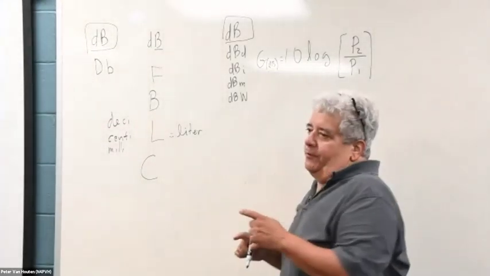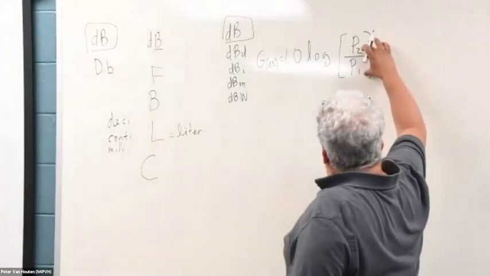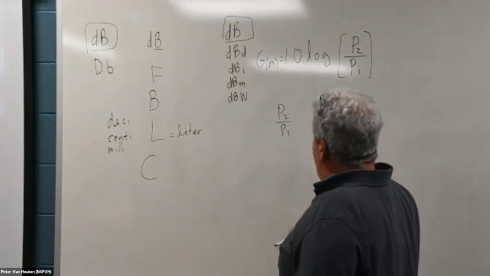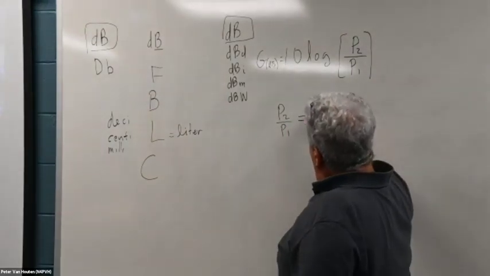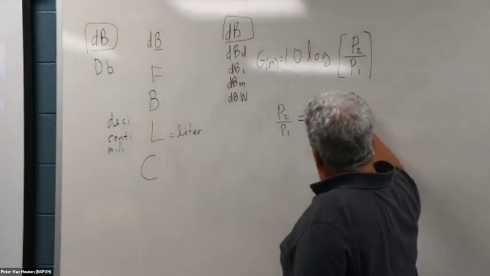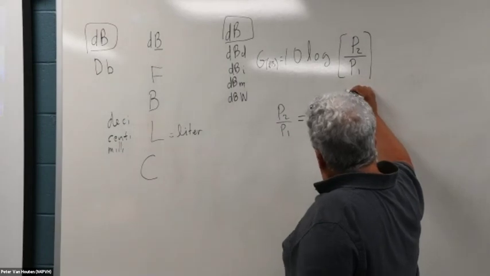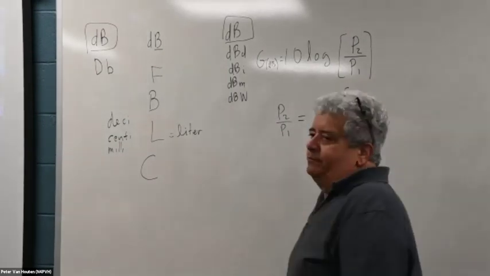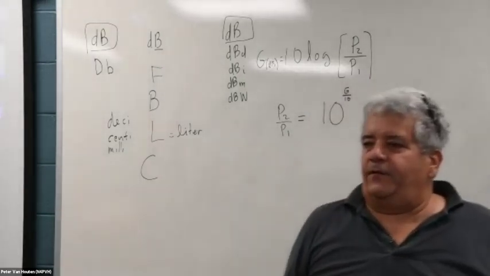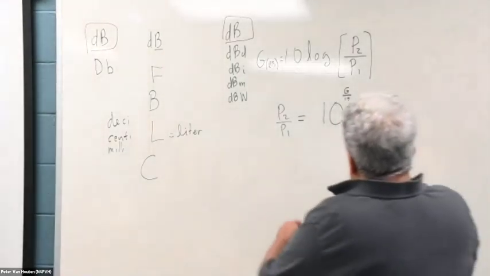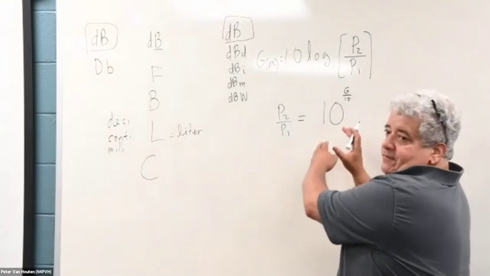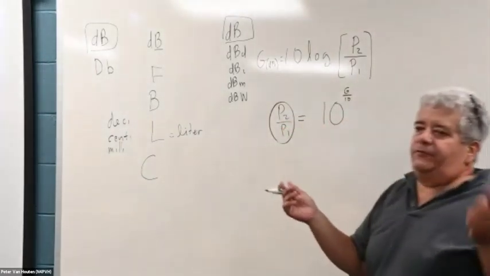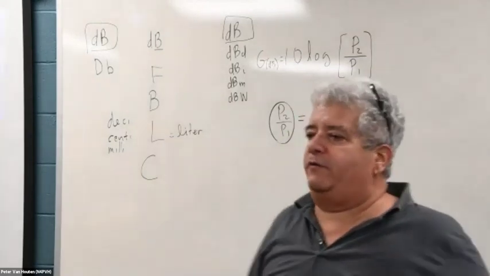The opposite formula for a ratio will be power 1 divided by power 2 equals 10 to the power of the gain divided by 10. So this is a way to have a gain in dBs and convert it into a factor or a ratio between two powers or two levels.